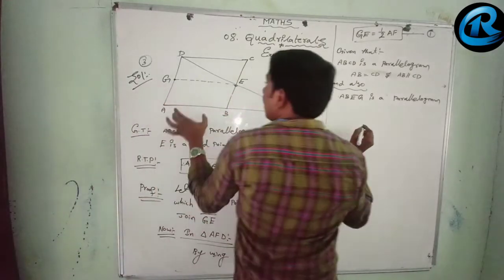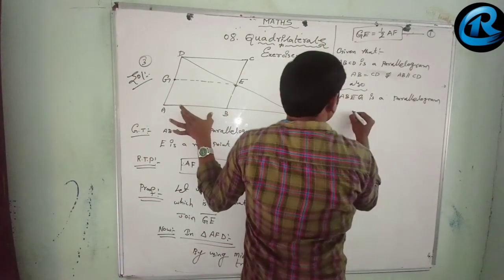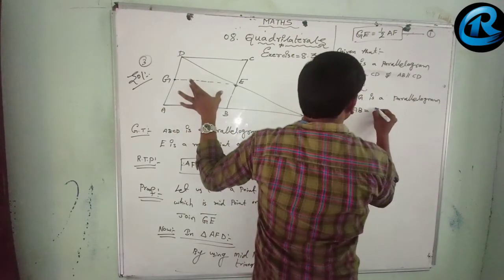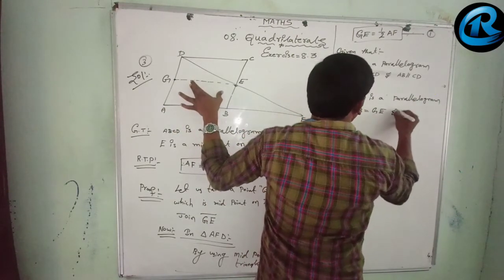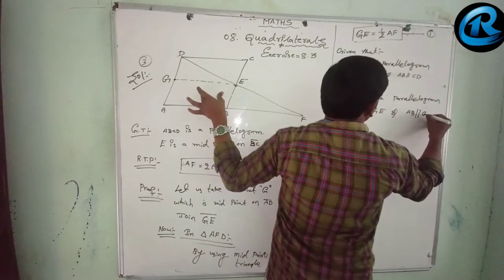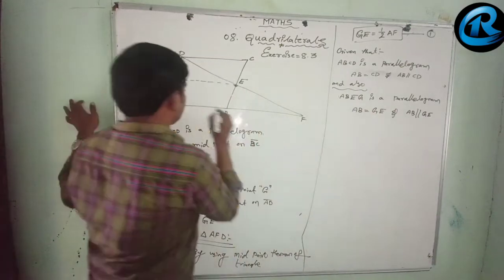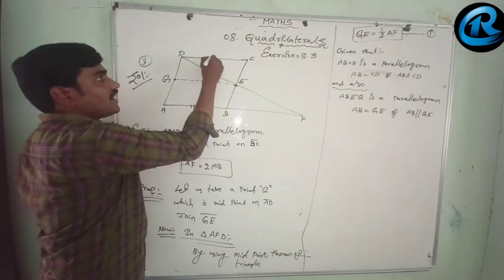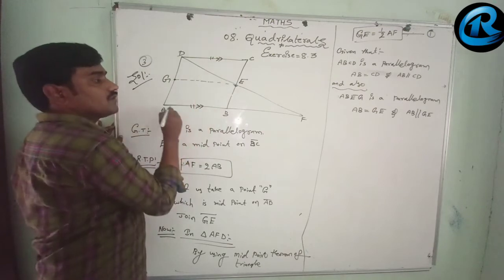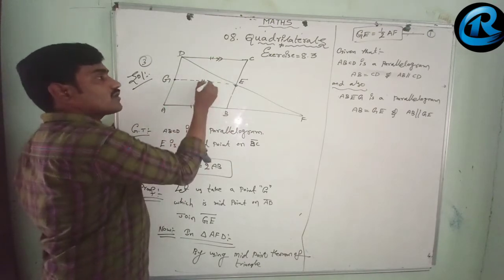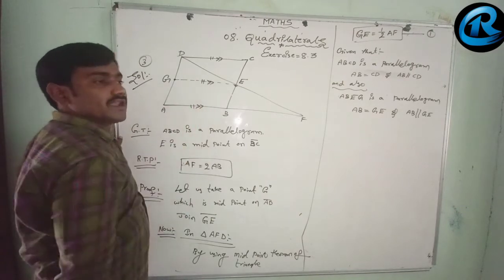We can write now, opposite sides will be equal. In a parallelogram, opposite sides are equal. So AB equal to GE, and this AB is parallel to GE. See, where ABCD is a parallelogram, opposite sides are equal and parallel. So ABEG also a parallelogram. So opposite sides are equal and parallel.